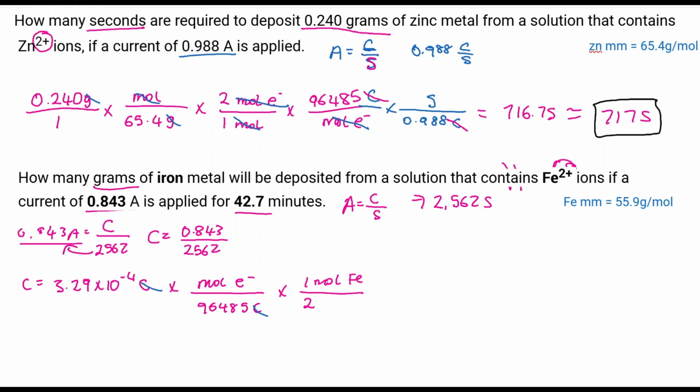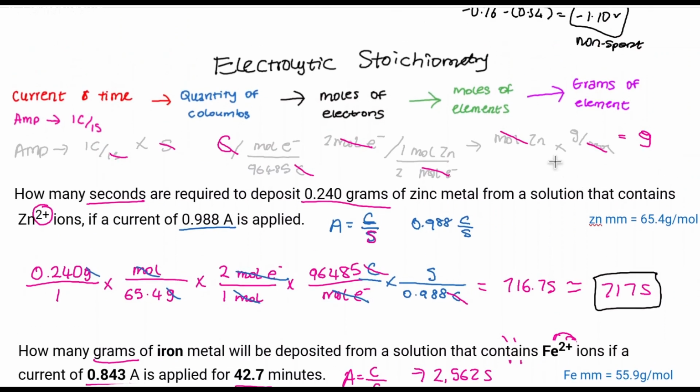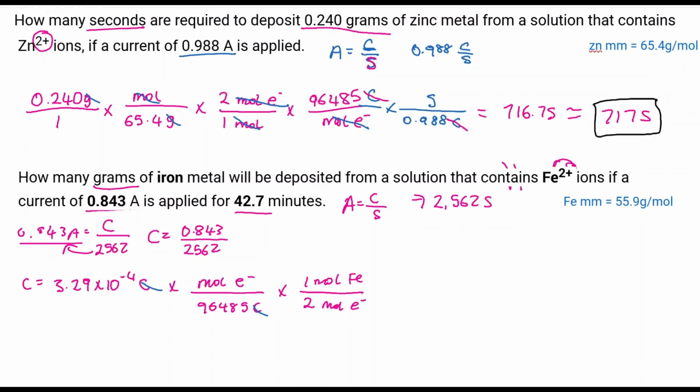Last time it was multiplied, this time it's divided. So it's just the opposite of whatever we did here. So we divide it by 2 moles of electrons, and we cancel out the moles of electrons. So this part was finding the moles of electrons.